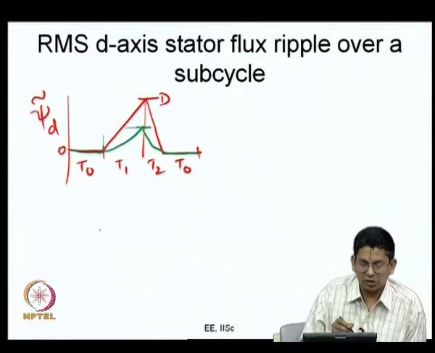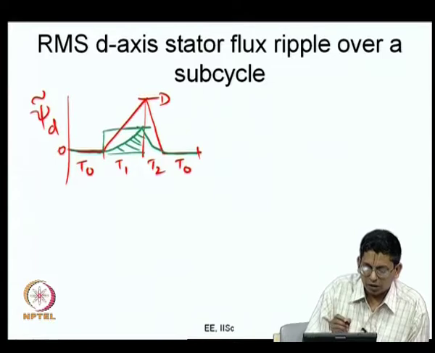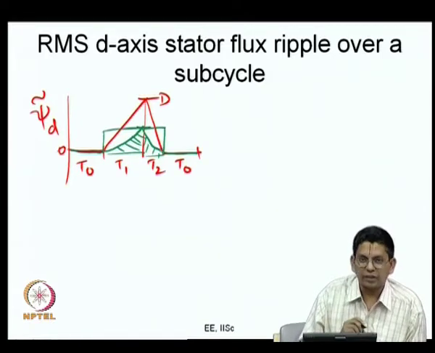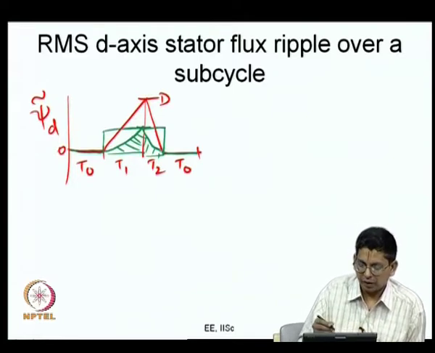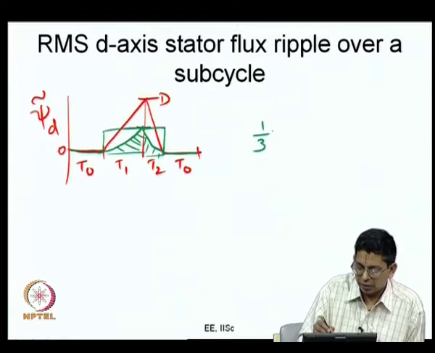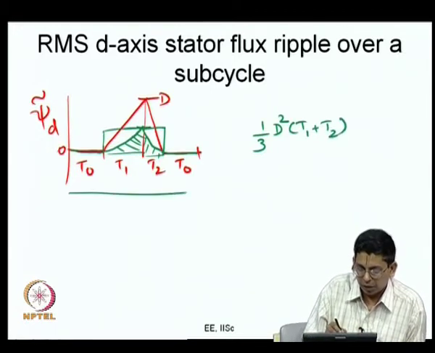The same way, this shaded area is 1/3 of that rectangle. So, I can write this value as 1/3 times D squared multiplied by (T1 plus T2) divided by the total period of time Ts.